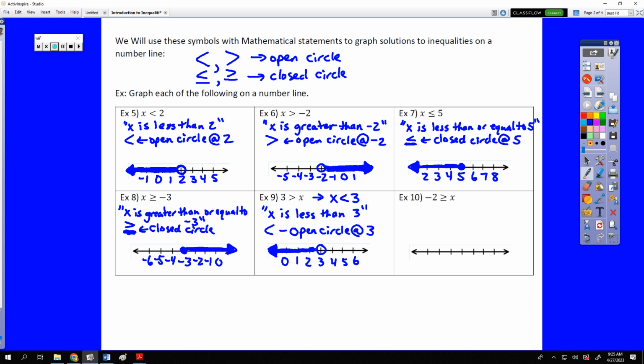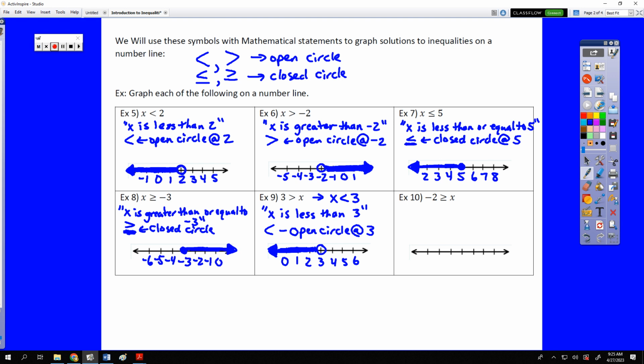That's one of the major ways that math will try to trick you, is it will switch the x and the number and put the x on the right side. If it does that, you just need to mirror image to flip the whole statement. And remember, the alligator mouth will always eat the bigger number. So if we start with the mouth trying to eat the 3, and we switch the sides, that mouth is still going to try to eat that 3.